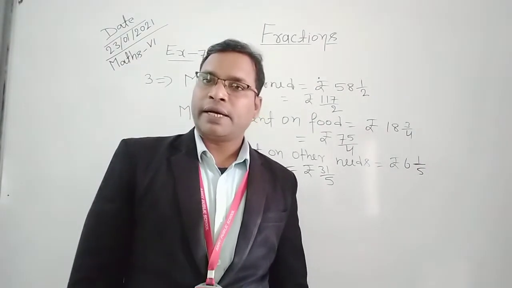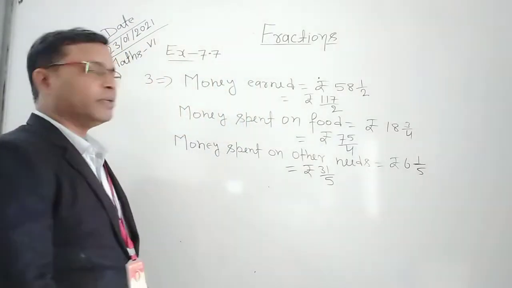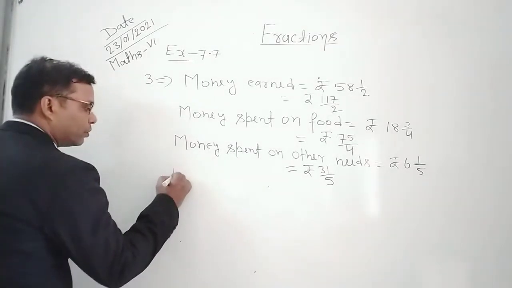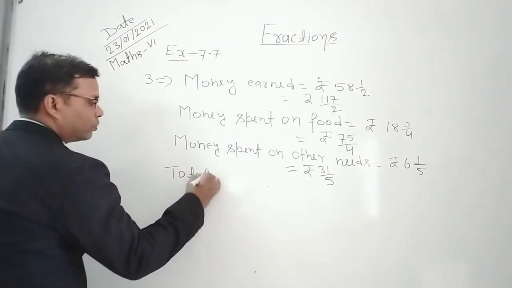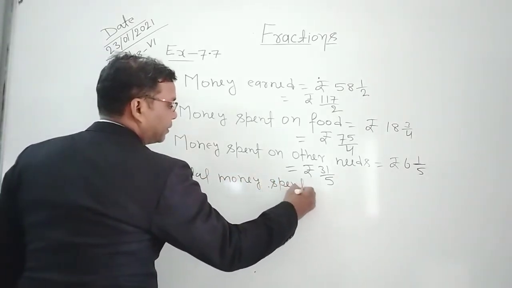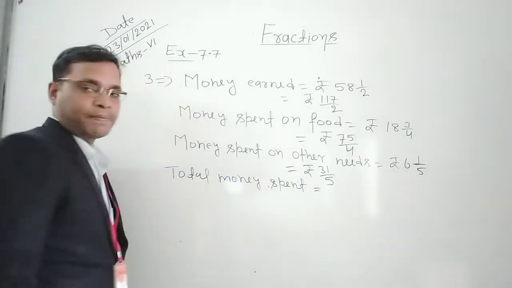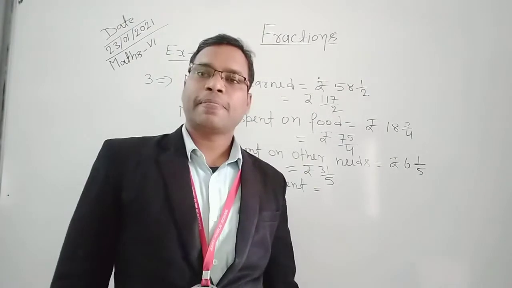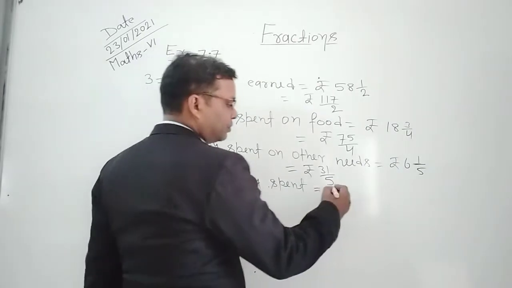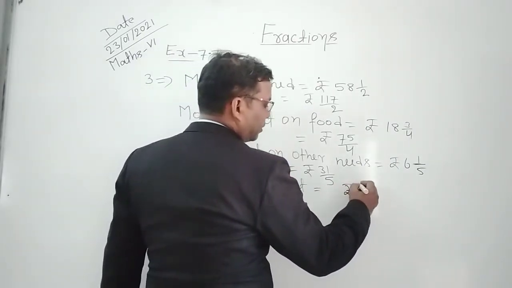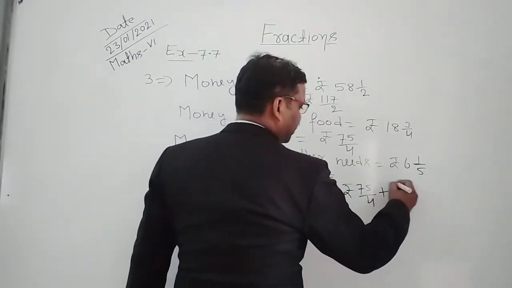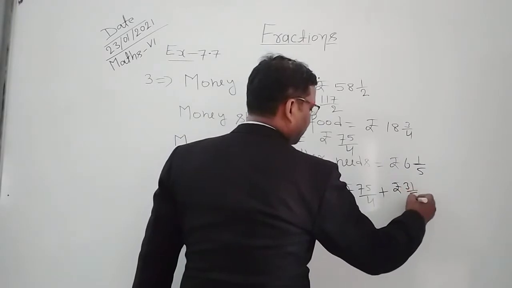For this, first we add the total money spent. So total money spent by the laborer is, if we add this plus this, rupees 75 by 4 plus rupees 31 by 5.